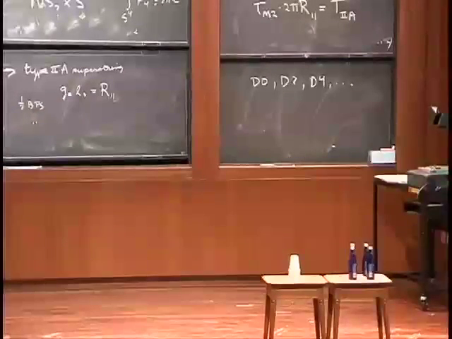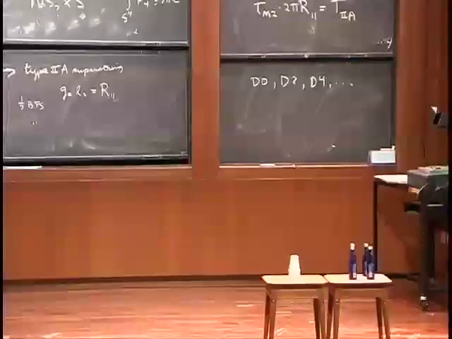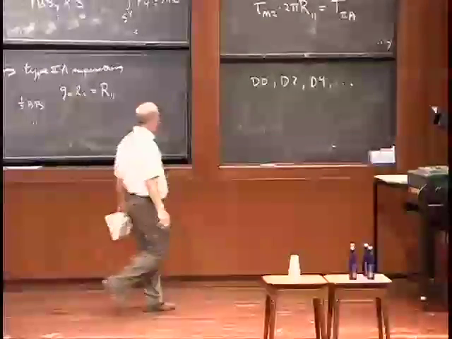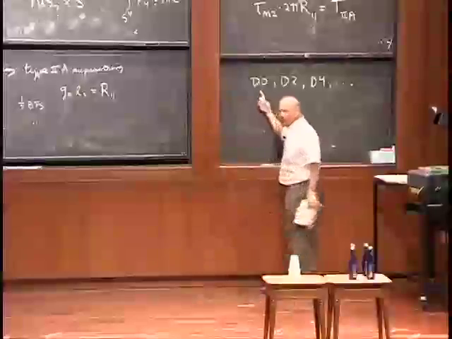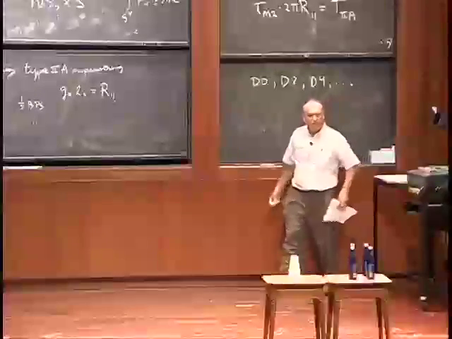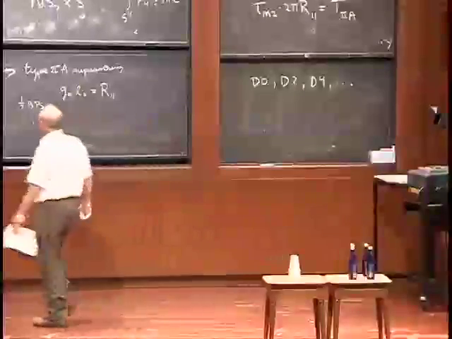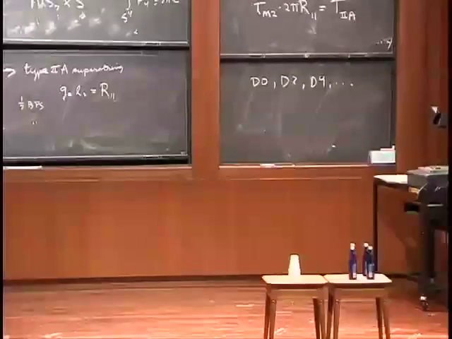Well, the D0 is an interesting case. It's a point particle excitation, it's massive and supersymmetric. Where are we going to get such an object out of this construction?